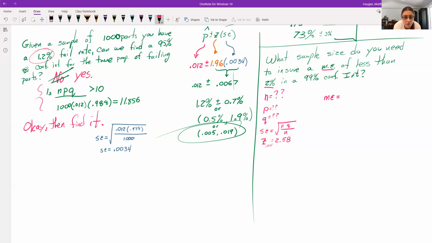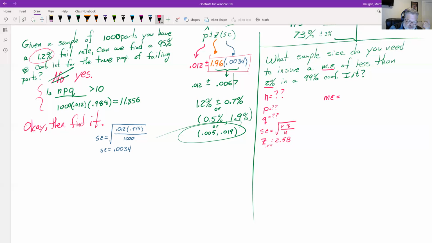What are you doing? I don't know what you're doing over here. Standard error times critical value. So the margin of error is this product. So we're not asked for P hat, right? No. This whole P hat plus or minus, we're not asked about the P hat. We're asked to make that margin of error.